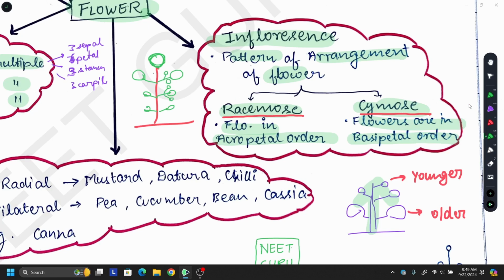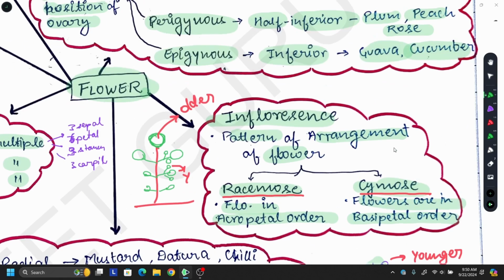Here you can see the older flower is on the top, and these are the younger flowers, the younger on the bottom. So this is what we call cymose inflorescence, and the flowers are born in basipetal order. That is, the older flower is on the top while the younger flower is on the base or the bottom side.